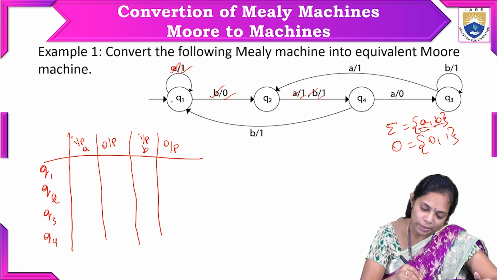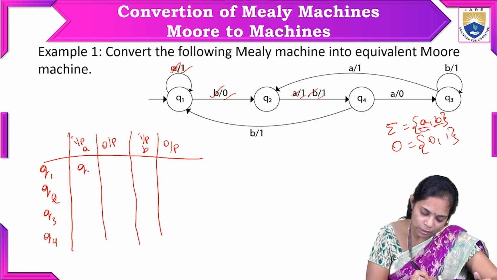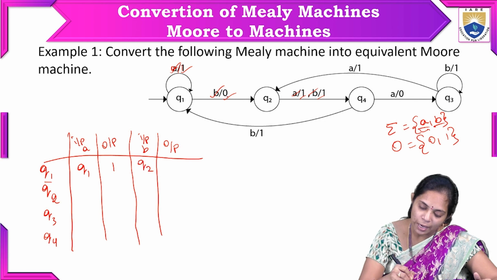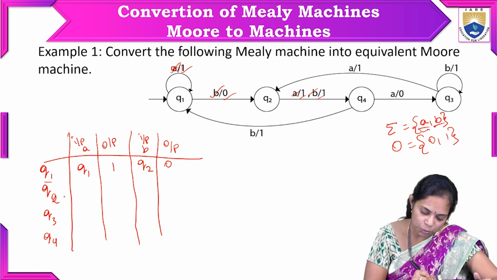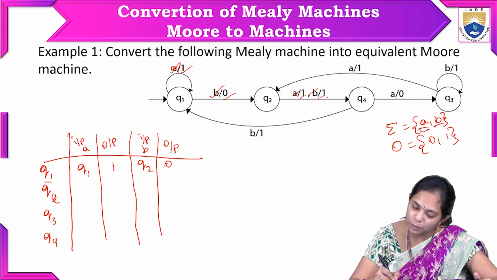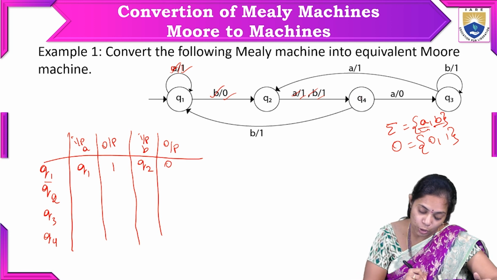From Q1, when giving input A, it goes to the state Q1 and gives the output 1. From the state Q1, when we give input B, it goes to Q2 with the output 0. From Q2, when we give the input symbols A and B, with the output 1, it goes to Q4.